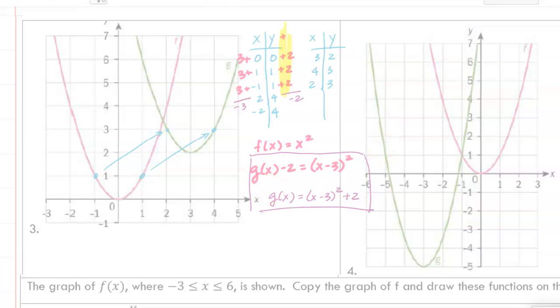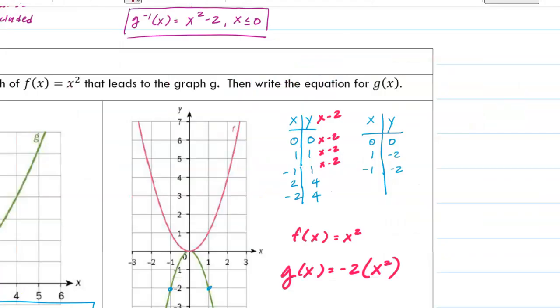Oh, goodness. This right here was a vertical stretch, and it's a reflection over the x-axis.